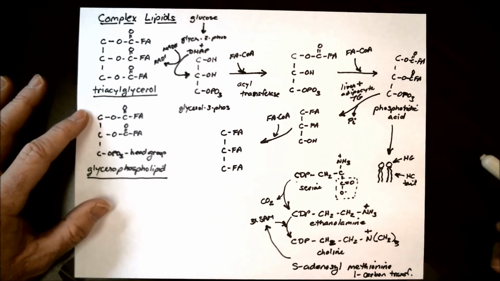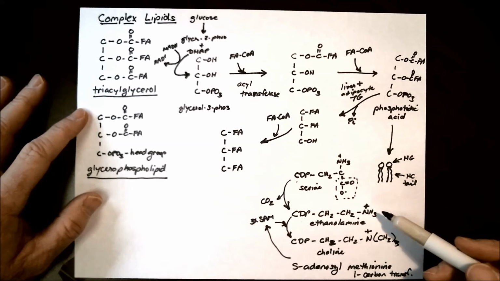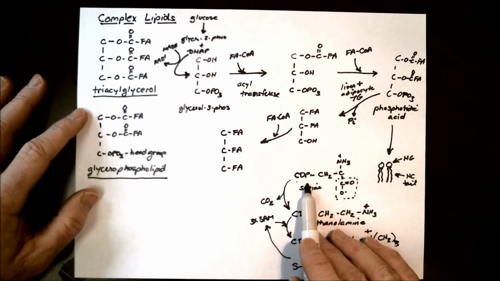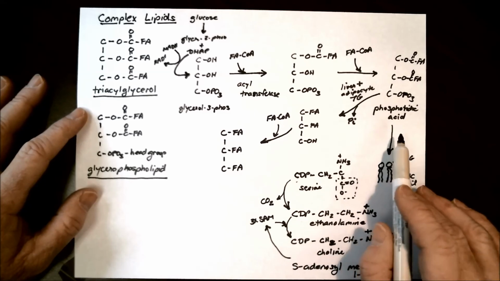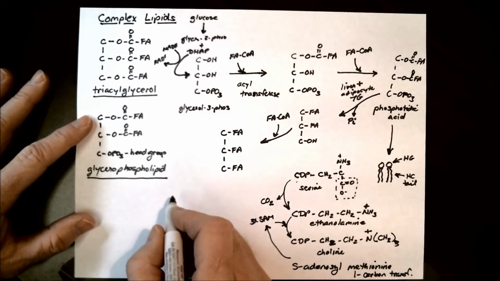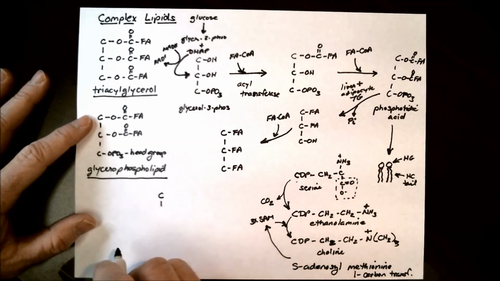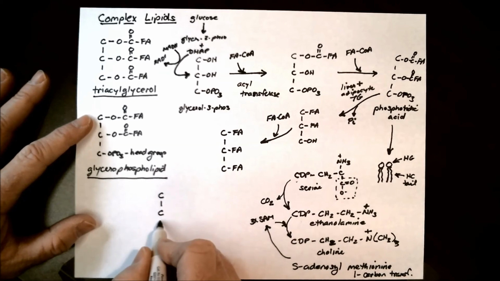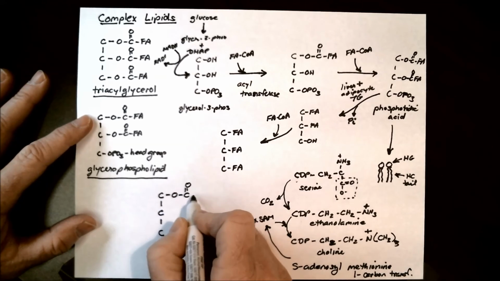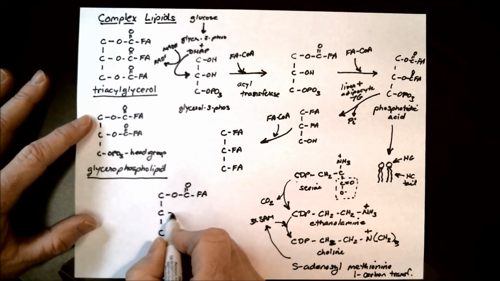So the final step to convert phosphatidic acid into a glycerophospholipid is to use these high energy structures with the CDP and add them onto the phosphatidic acid. So as an example, I'll draw ethanolamine to show what this will look like. The final structure.